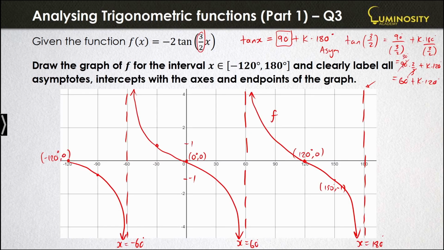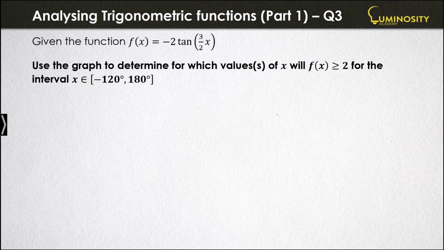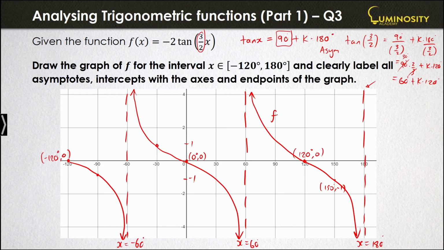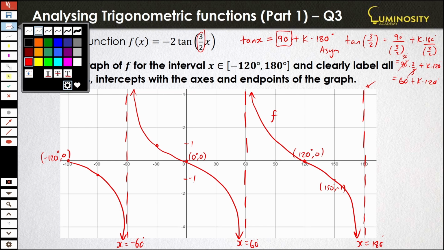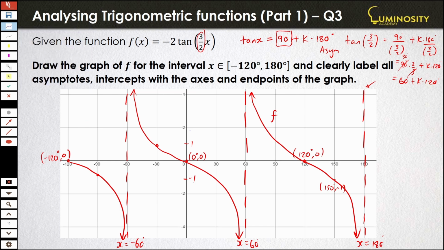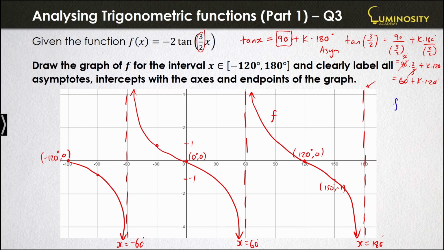Now we want to use the graph to determine for which values of x will f of x be greater than or equal to 2 in that interval. So f of x greater than or equal to 2 just means where the graph equals 2 and where it lies above 2. If you look at this dashed line, that's y equals 2.